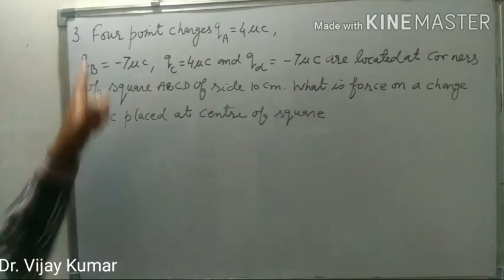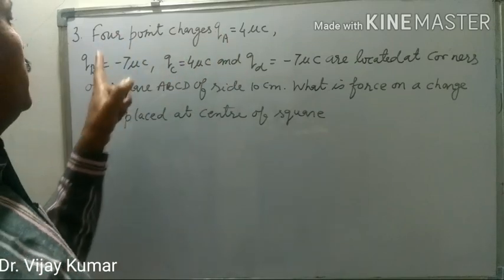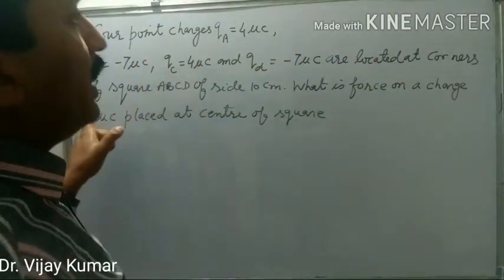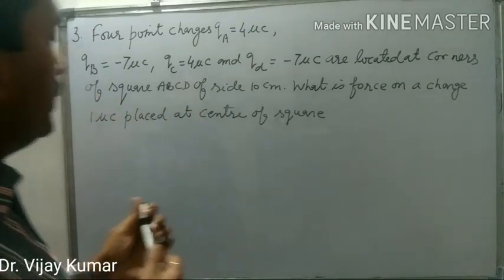Third problem: four point charges QA, QB, QC, QD are located at the corners of square ABCD.